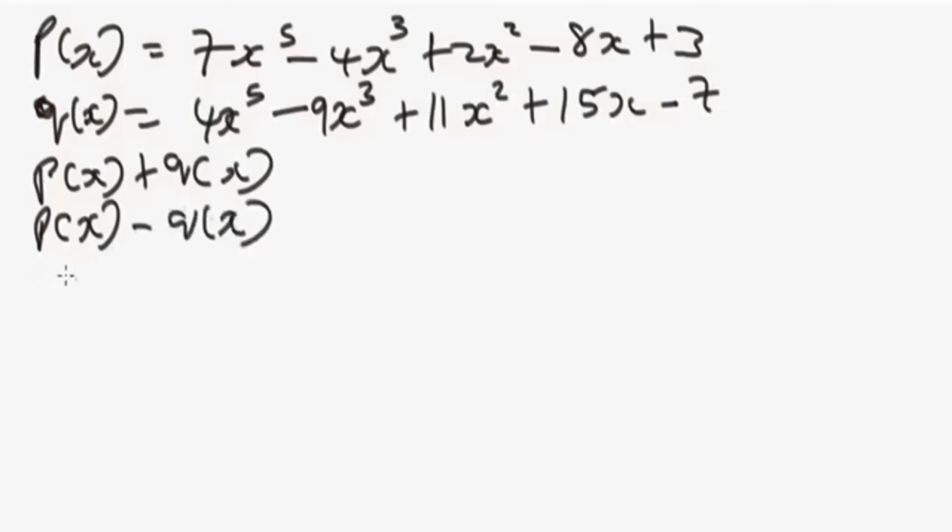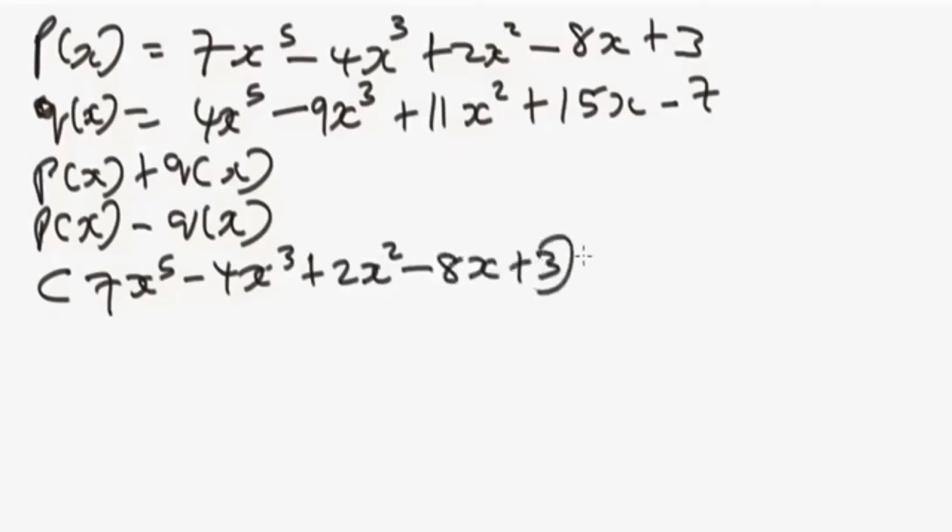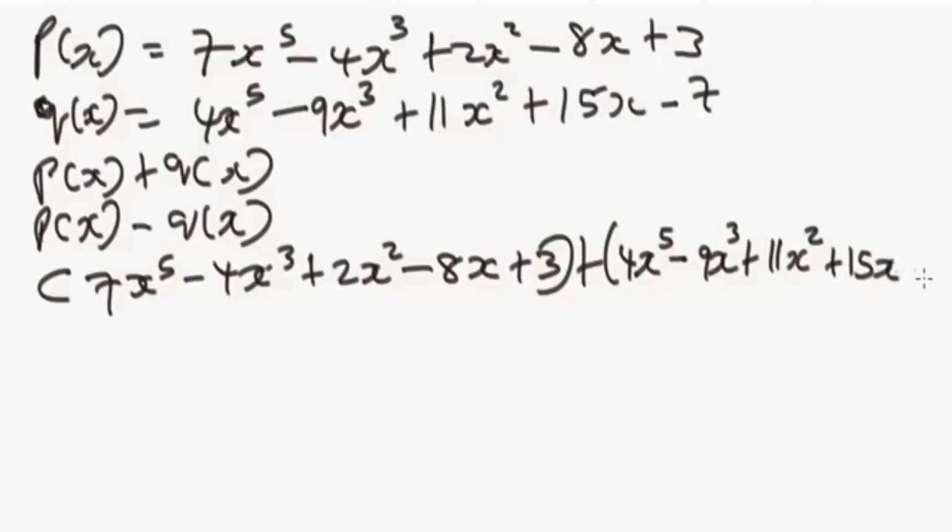So we're going to be putting in bracket 7x to the power 5 minus 4x cubed plus 2x square minus 8x plus 3, plus in bracket 4x to the power 5 minus 9x cubed plus 11x square plus 15x minus 7. So you do the addition.